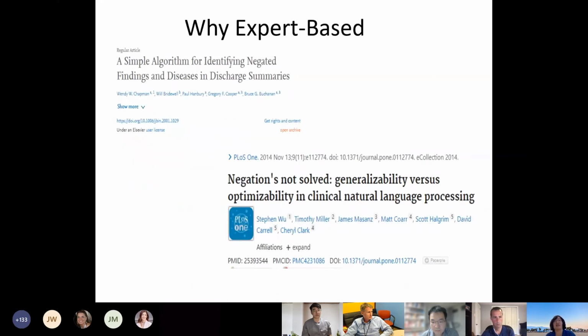The major reason is related to explainability and transparency. We noticed in negation problems, one of the critical things in clinical NLP where a condition can be negated, that even when we tried hard to work on machine learning statistical approaches to handle that, we still couldn't beat the very intuitive rule-based system.